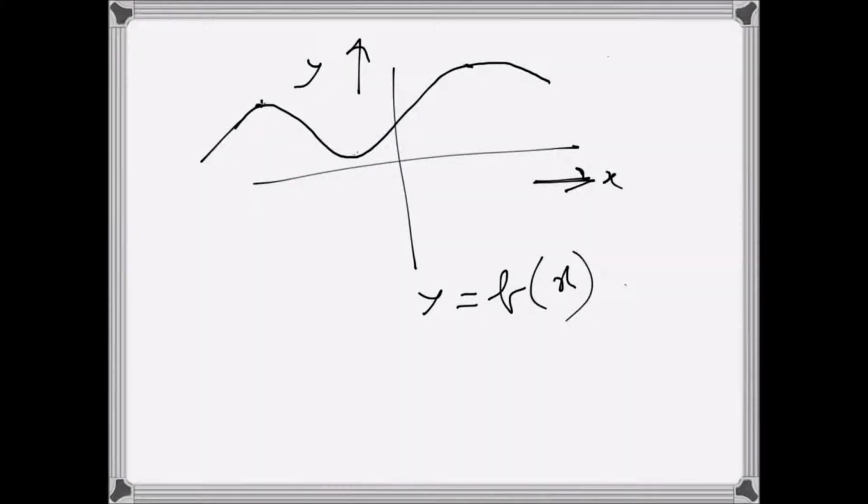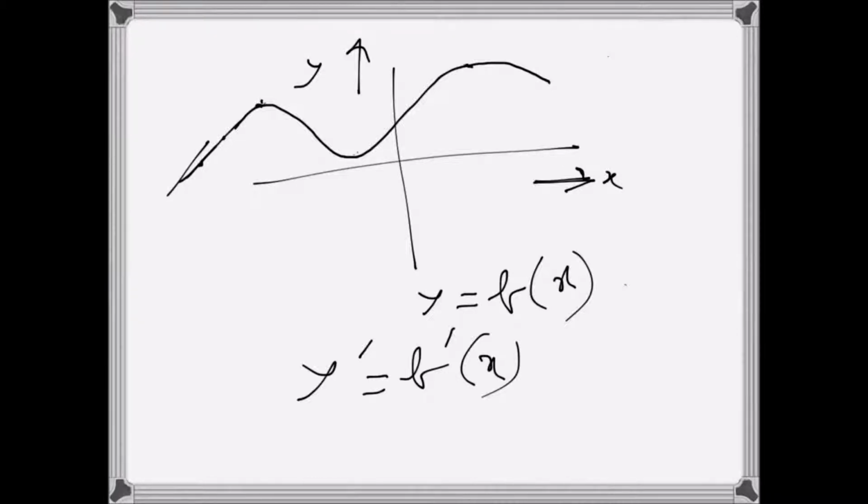For a function y = f(x), the way to find the local maxima and local minima is to look at the gradient of the tangent, the slope of the tangent. The gradient of the tangent is given by y prime, and the gradient can be calculated at any point.